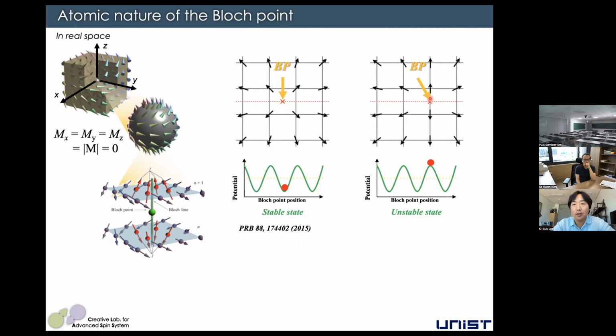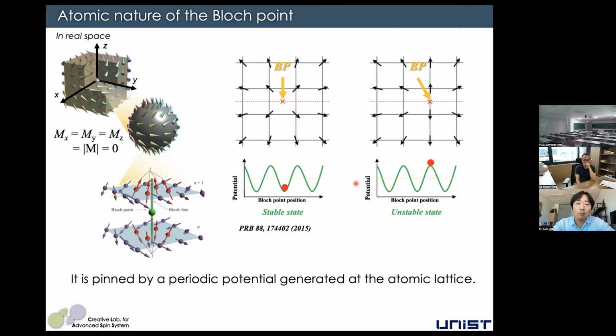But if the Bloch point is near a lattice point, then you can think about a high energy state. So the Bloch point is pinned by a periodic potential generated by the atomic lattice.